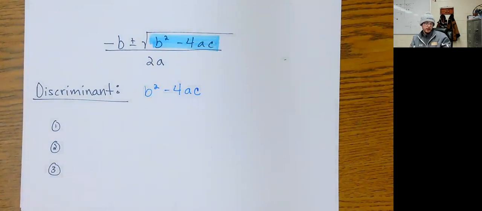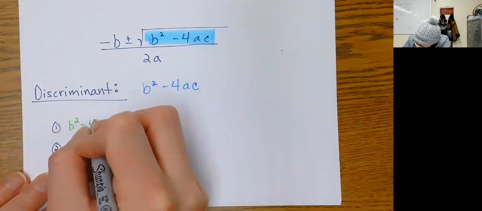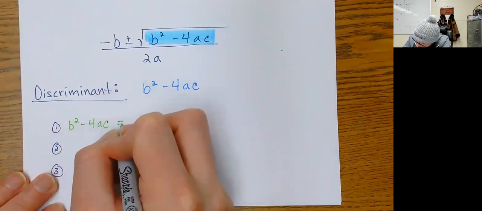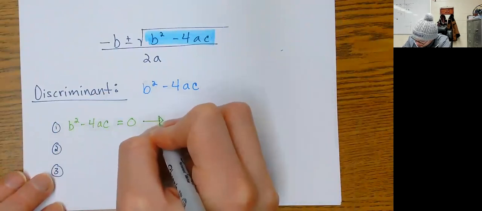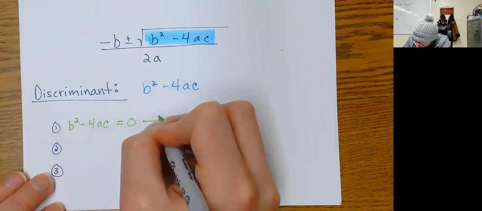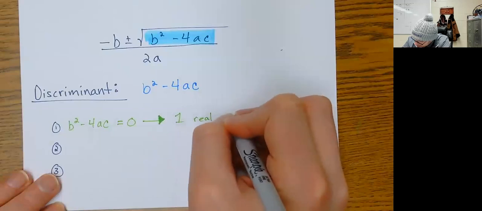Let's say if b squared minus 4ac is equal to 0, then you get one real solution.